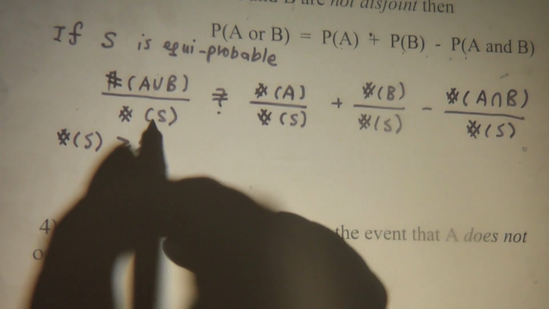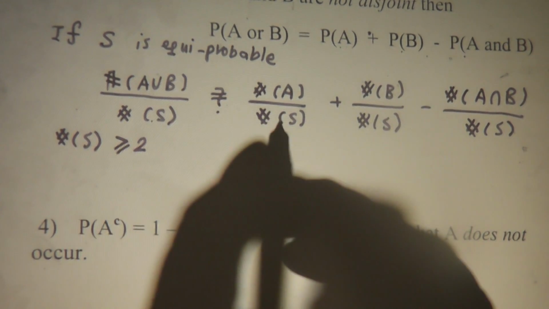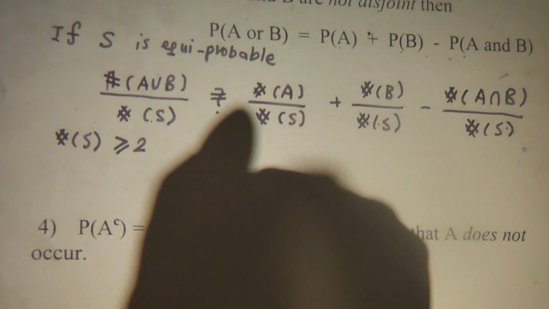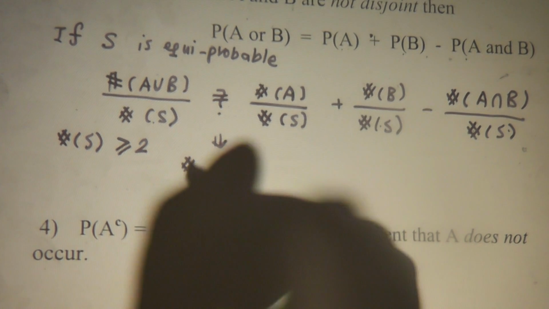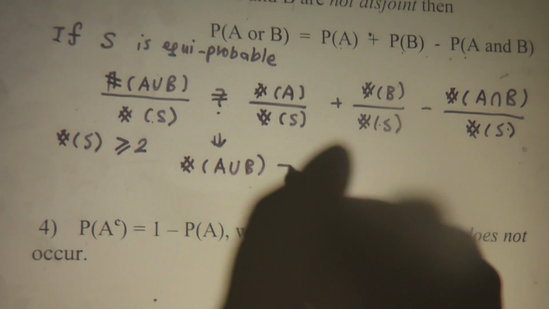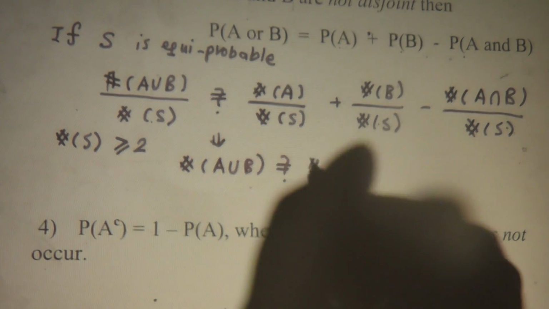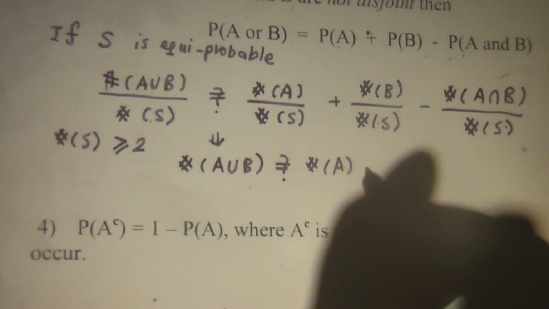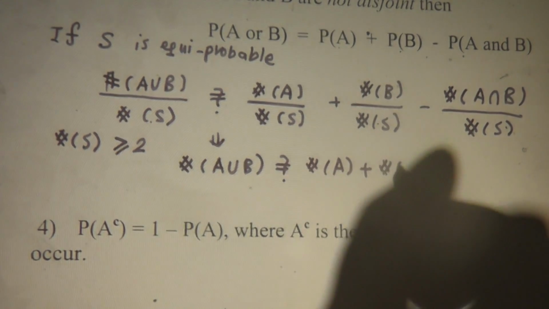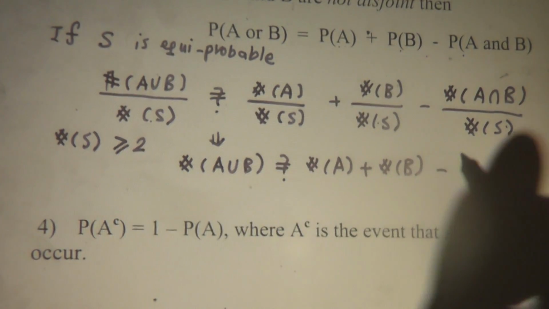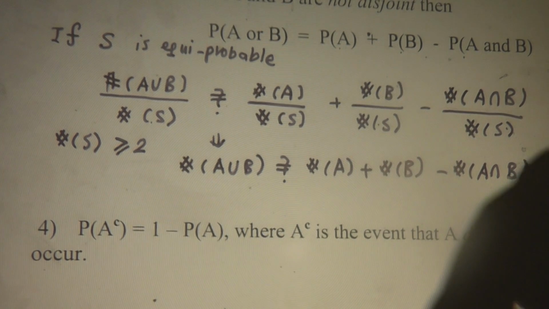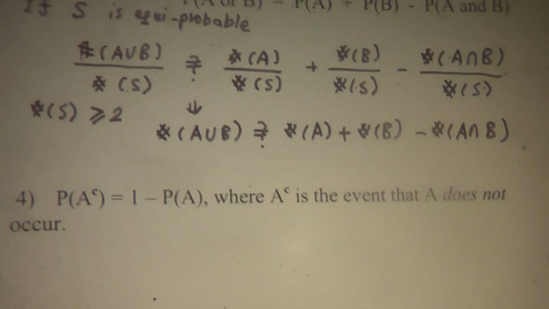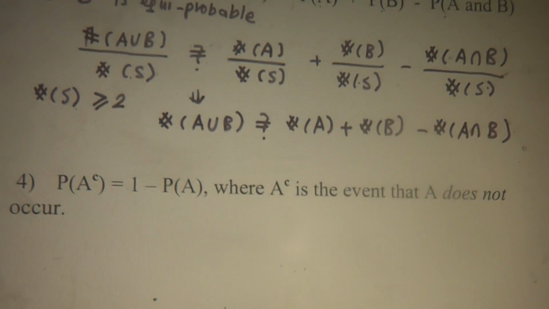If we multiply a positive integer on both sides, that is to say we are actually checking: is the number of outcomes in A or B equal to number of outcomes in A plus number of outcomes in B minus number of outcomes in A and B? And this is what we have covered earlier.